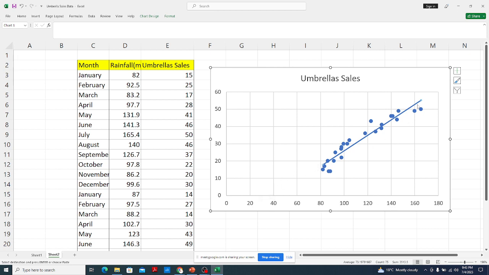For example, if the amount of rainfall increases up to 250 millimeters, what will be the number of umbrella sales? You can be able to predict that.